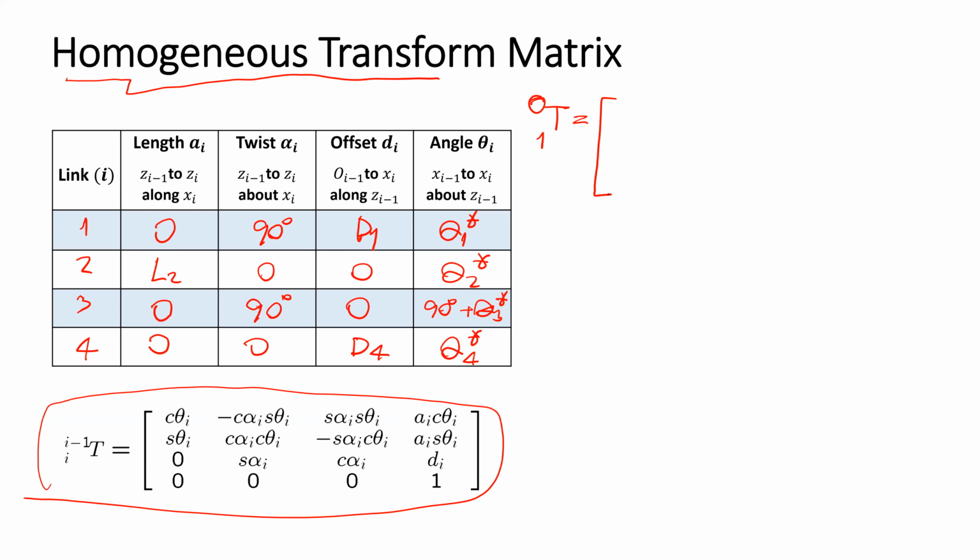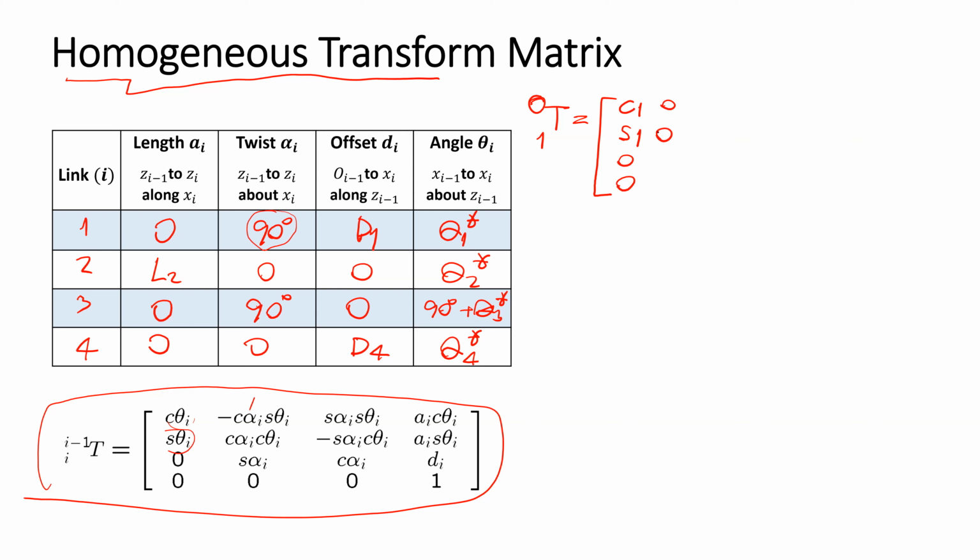For the first link, cos and sine of theta 1: C1, S1, 0, 0. Cos 90 degrees is 0, so this term will be 0.